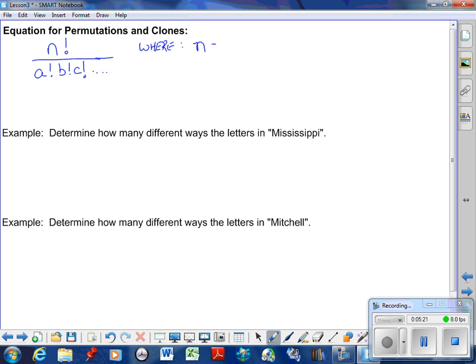n is the number of objects, total number of objects. Let's go with that. Total number of objects. All right, so it doesn't matter. Clones, individuals, does not matter. A is the number of clones for one object.